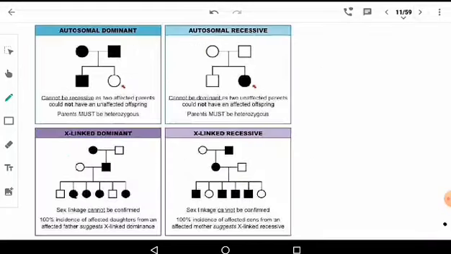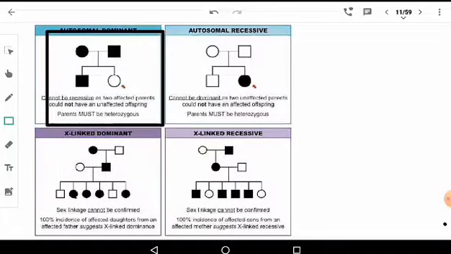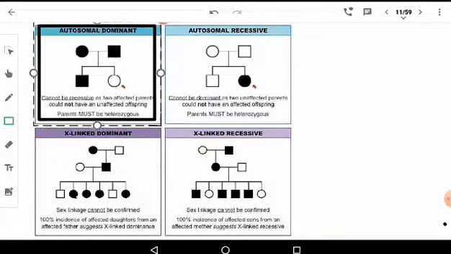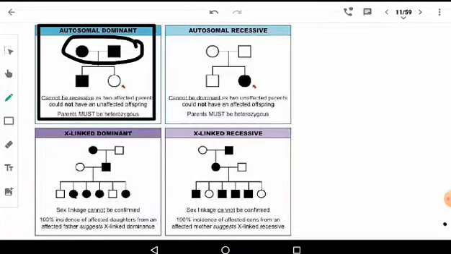So now let's move on to some examples for pedigree charts. The first one, as you can see over here, is an autosomal dominant trait because the parents are affected.